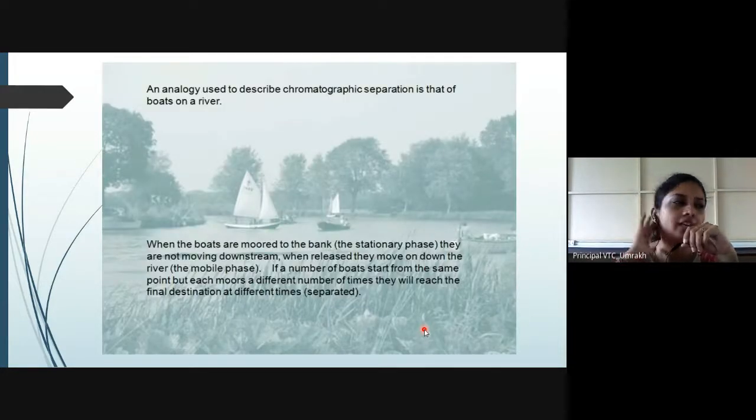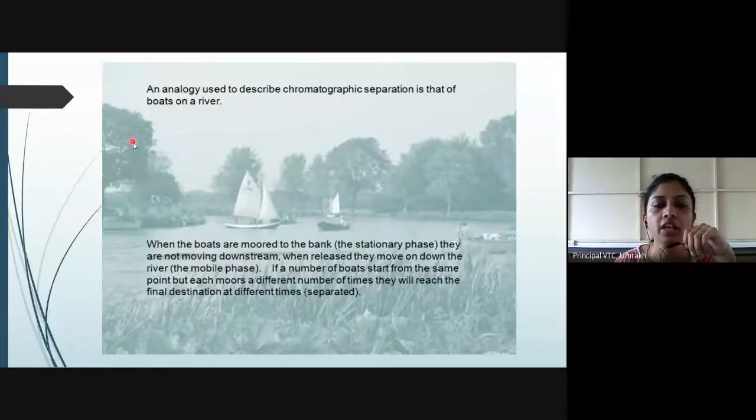Now we have an example here. If we have two or three boats in a river, when these boats are tied on the bank, they are not moving downstream with the water of the river. But when they are released from the bank, they will move down according to their weight or their affinity.